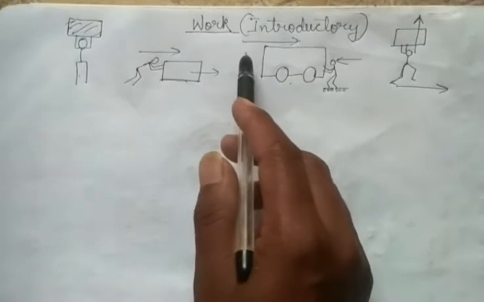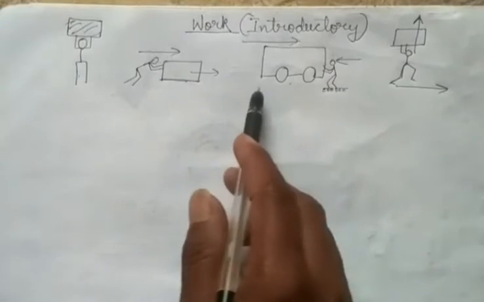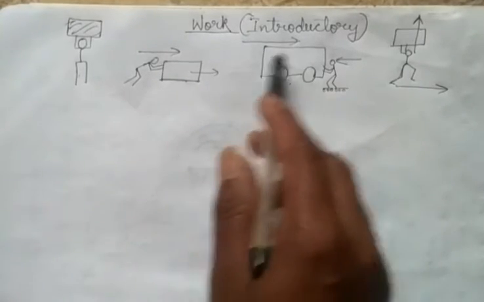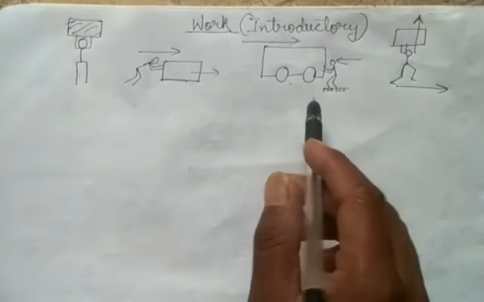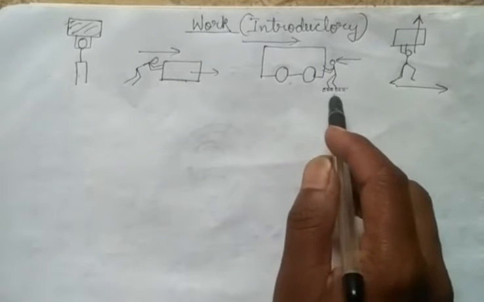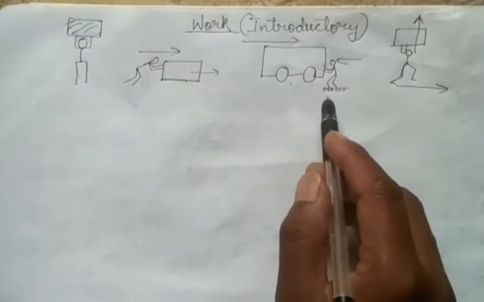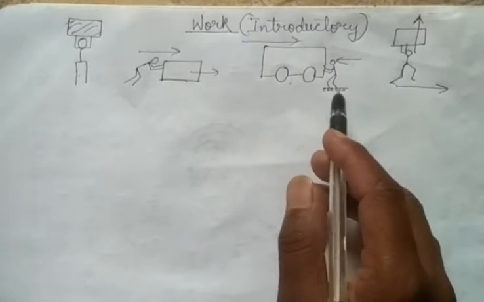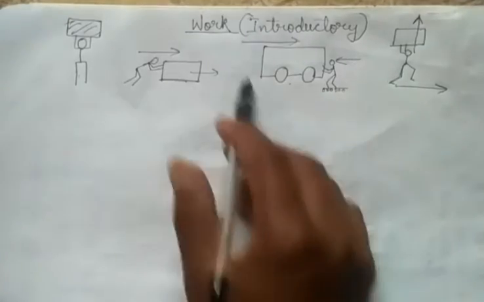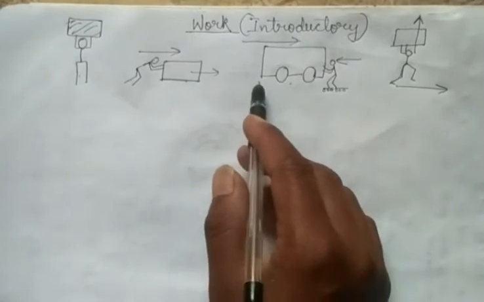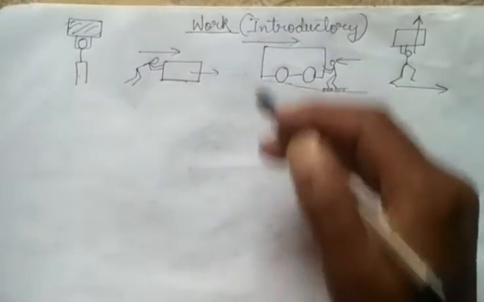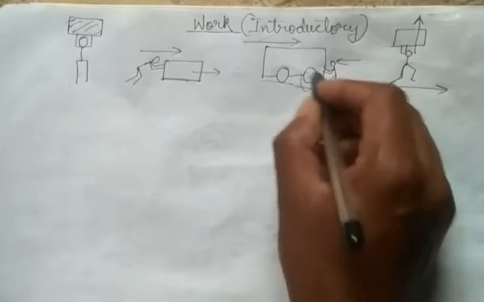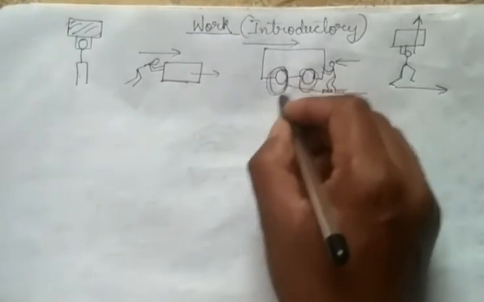This is a vehicle, a bus, moving this way, and the person is applying force this way. Actually, he is wearing roller skates. Just imagine this situation. It's a perfect horizontal surface. I have drawn them a bit upper and down side, but it is completely horizontal.